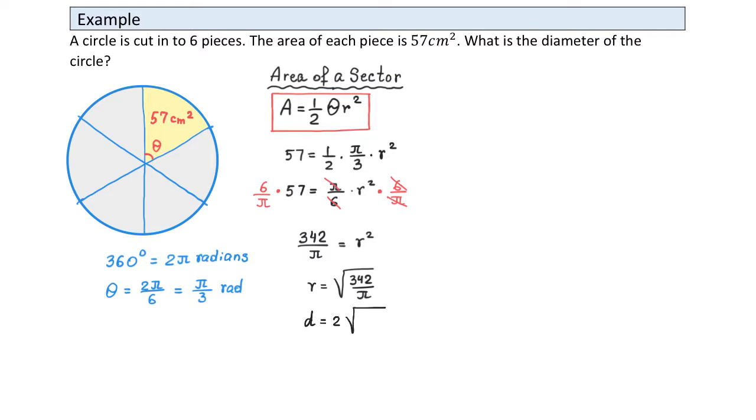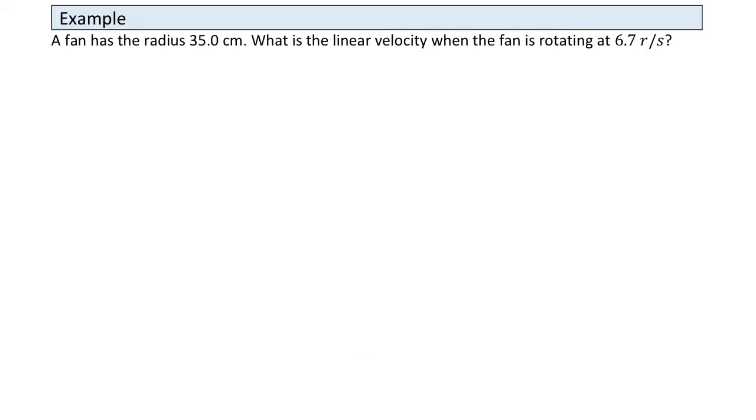So we will have 2 times the square root of 342 over pi. Here we will use a calculator, and we will get that the diameter is approximately 20.9 centimeters.